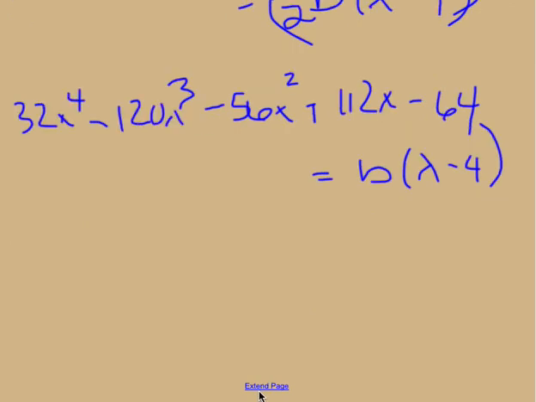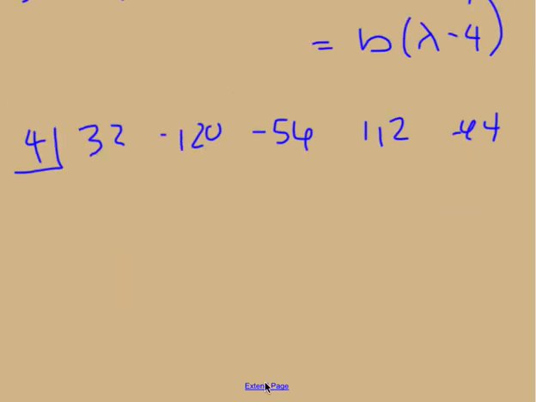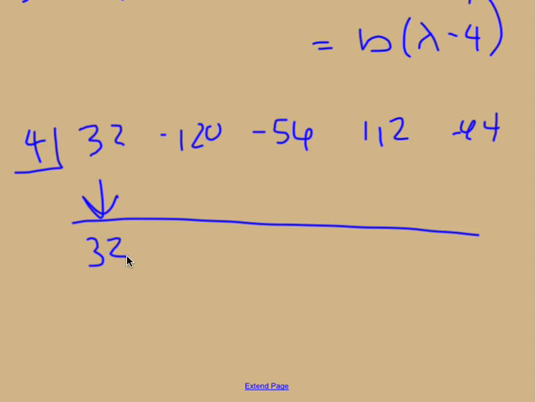So we can go ahead and plug that into our synthetic division. So I have 4 here, and then I have 32, negative 120, negative 56, 112, and negative 64. I didn't have to put in any zeros because my exponents went in descending order without skipping anything. So first thing I'm going to do is take that 32 and drop it down. 32 times 4 is going to give me 128.